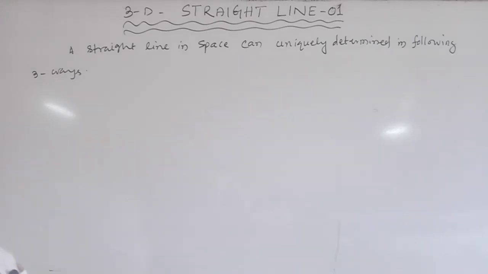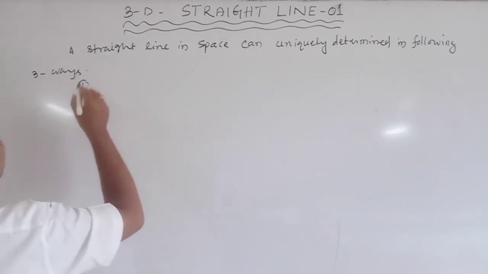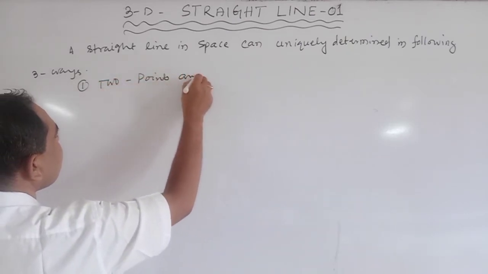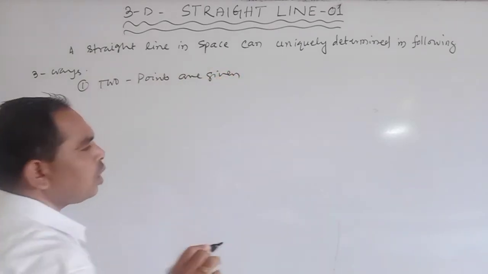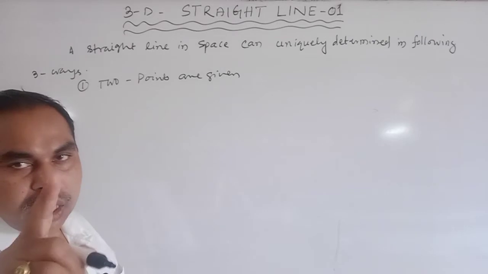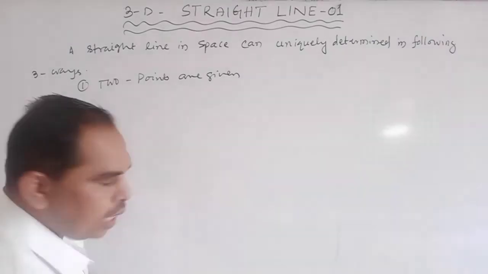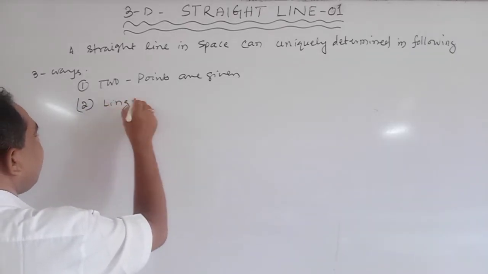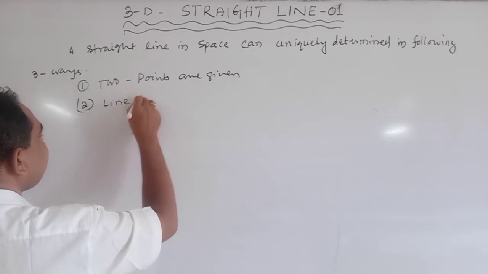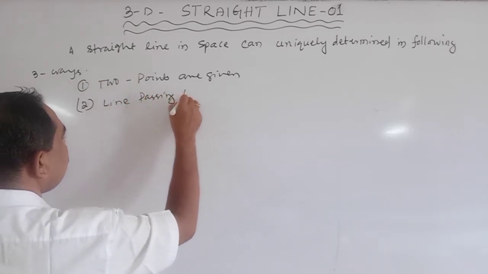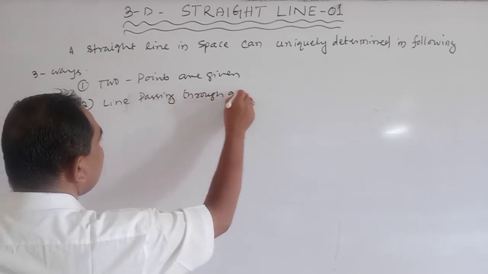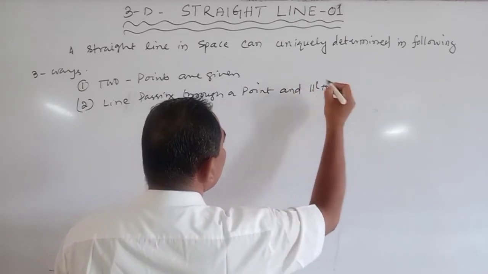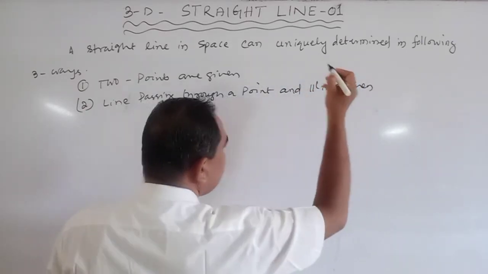One, two points are given, so joining any two points we get a straight line. Two, a line passing through a point and parallel to a given vector or given line.